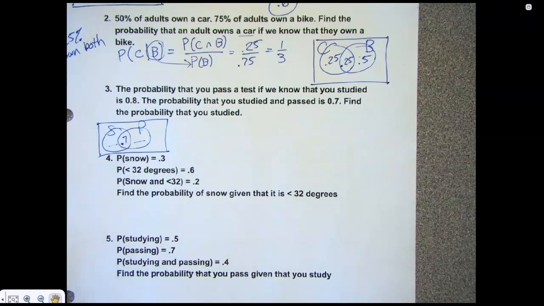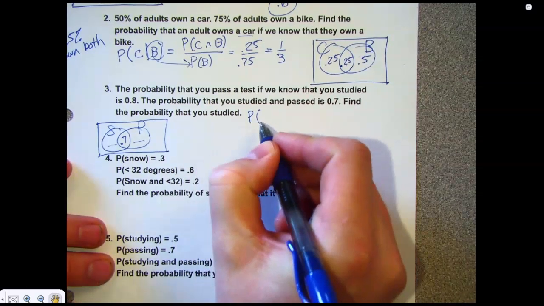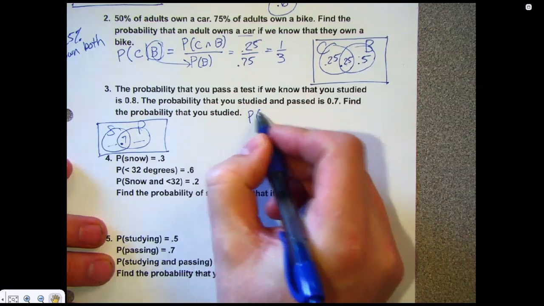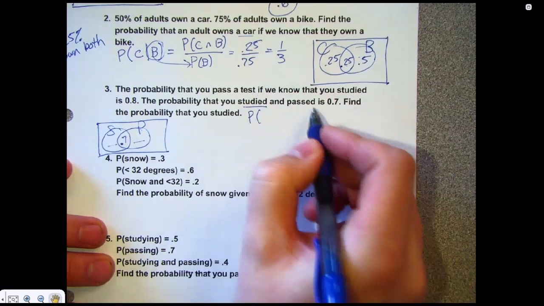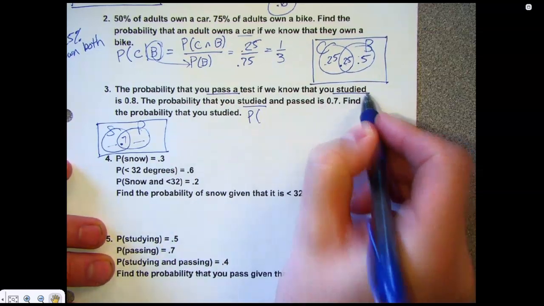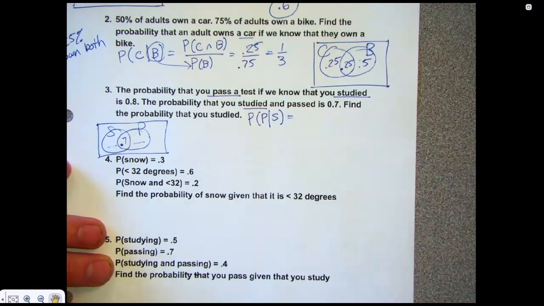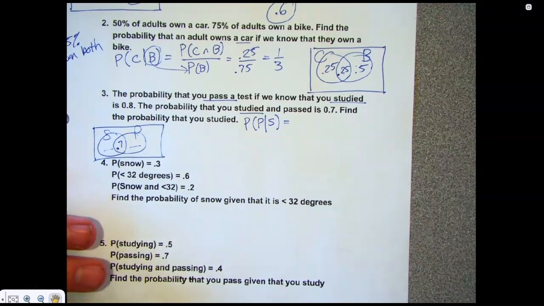And this is where the formula is necessary. So if I look at the formula, the probability that I studied, probability to pass, if we know that you studied. Let's just put the letters in first.